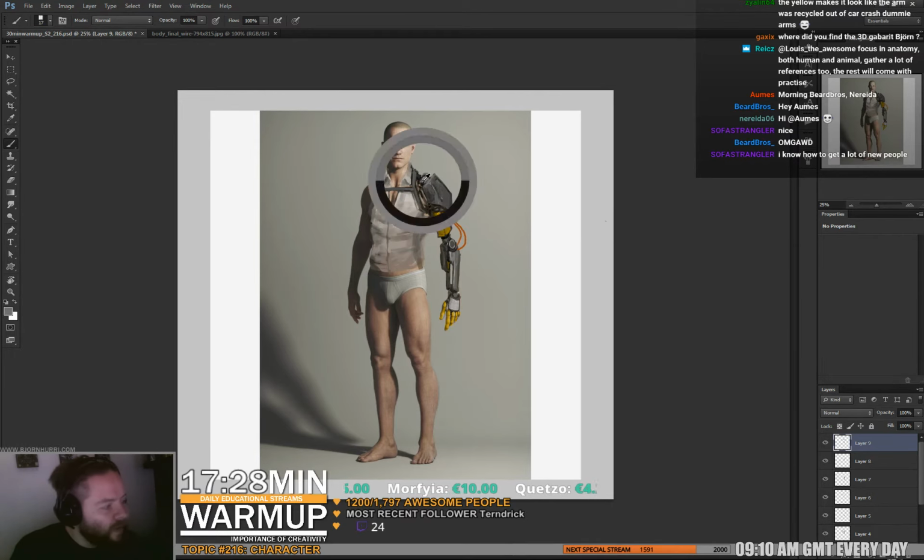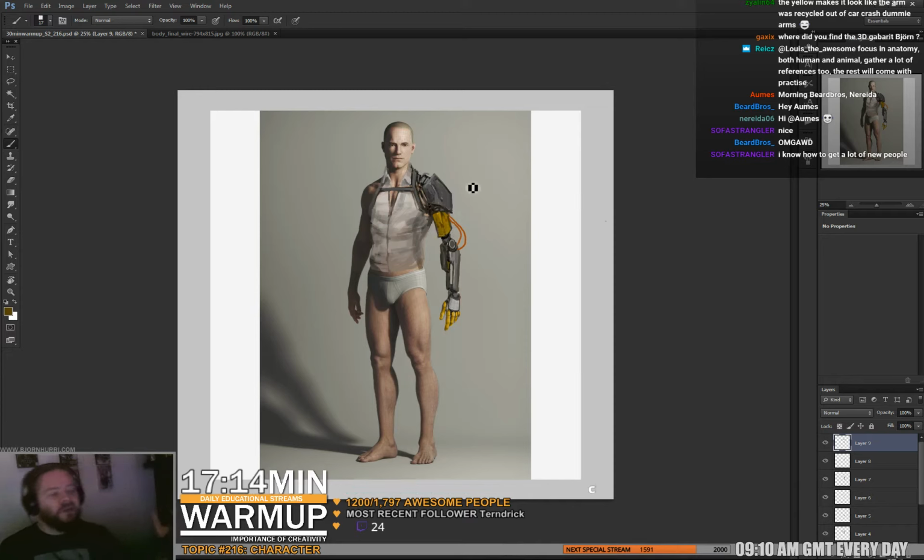So the thinking was that when we look at it, we know it's a utilitarian aspect. It could be repurposed from simple industry hydraulics or something. So it's not anything fancy.